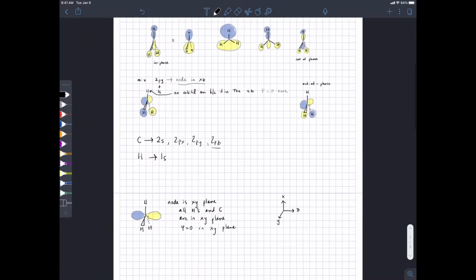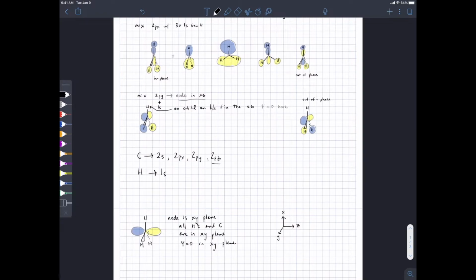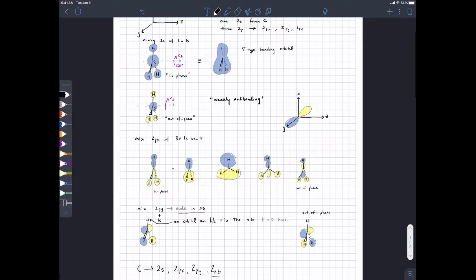Let's just pause to verify that what we've come up with obeys the symmetry requirement. Remember, these orbitals have to be symmetric or antisymmetric relative to the symmetry properties of the molecule. So the first one's kind of a no-brainer. You rotate around the z-axis by 120 degrees and you get the same thing. Same here.